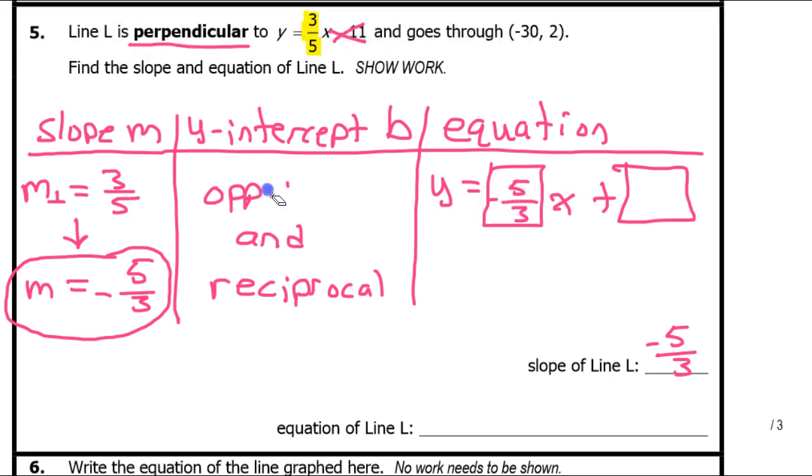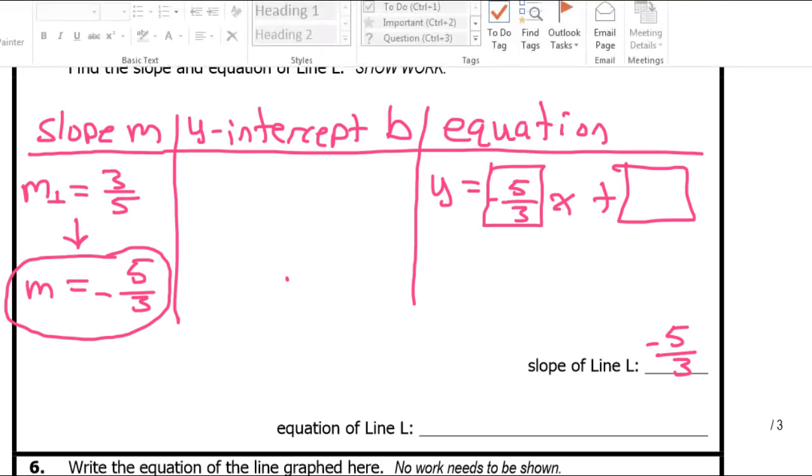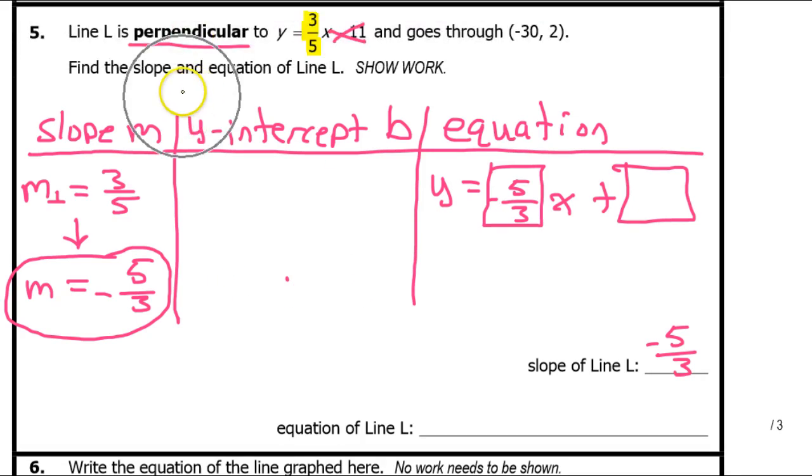Okay, now it's time to find the y-intercept b. Whenever I'm finding the y-intercept, I use the model y equals mx plus b, and we are trying to find the b. We can use the point they gave us for an x value and a y value. So let's start with y equals.